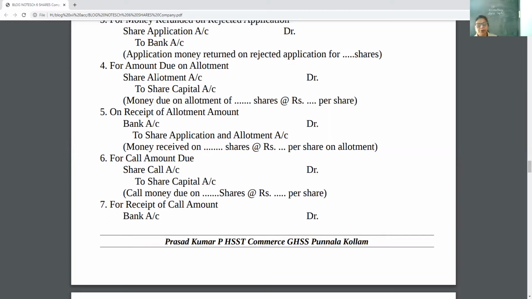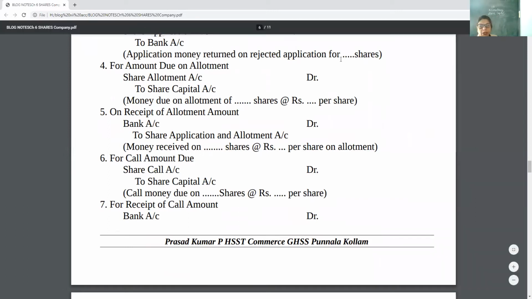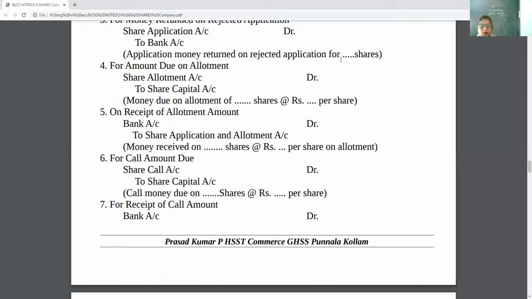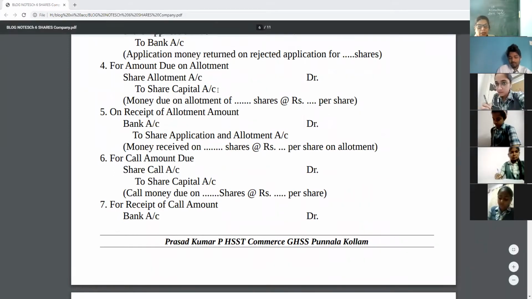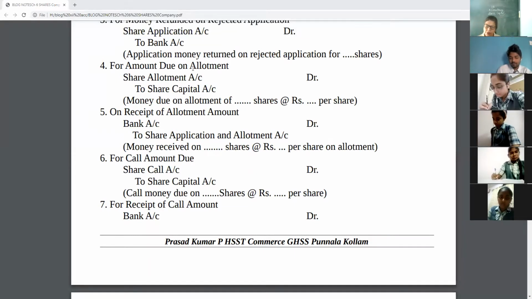Same as when the company received the application money, now what do they have to do? Now they will call the amount on allotment.